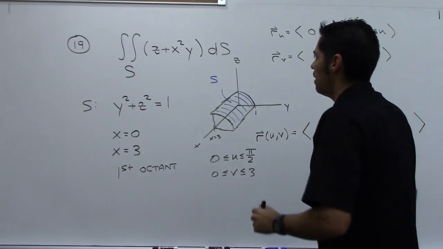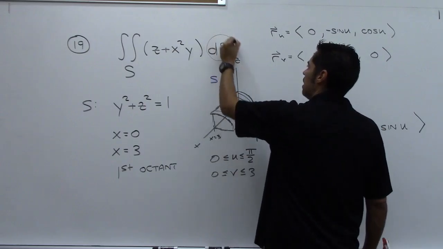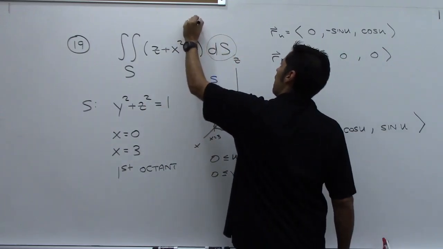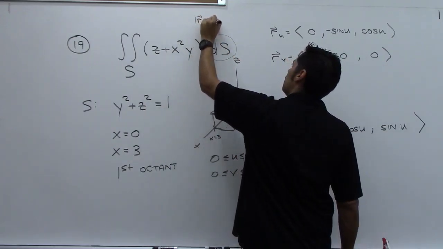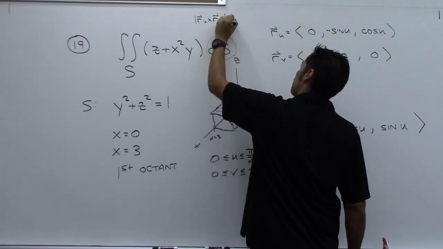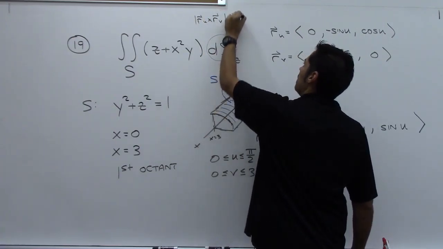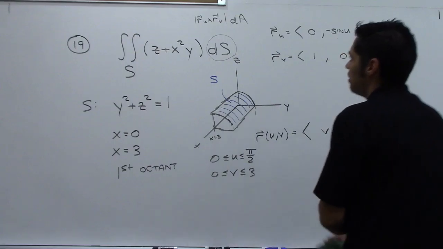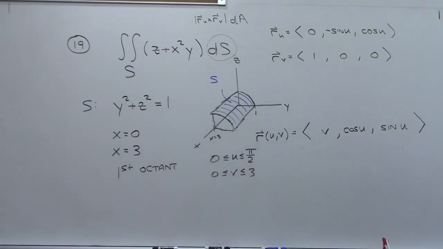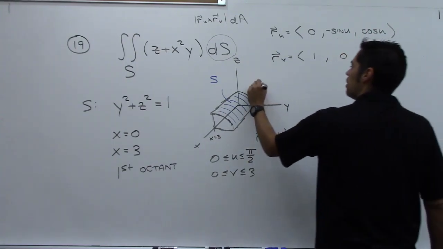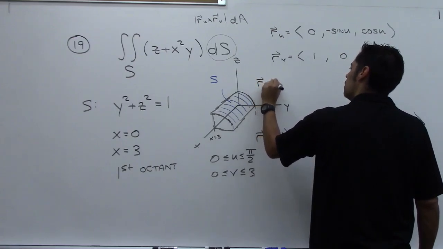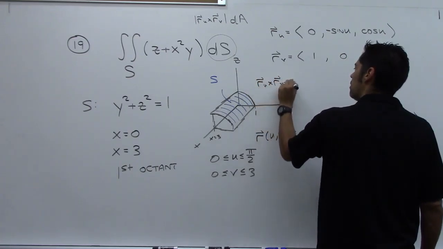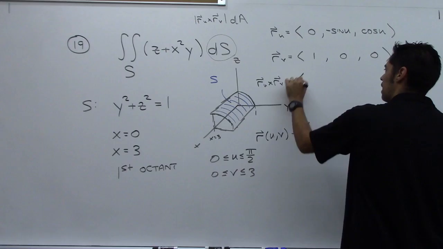Now remember, what I'm trying to get here is dS, and dS was the magnitude of the cross product of the partials, dA. The cross product, partial r with respect to u cross the partial of r with respect to v, is going to be a vector.